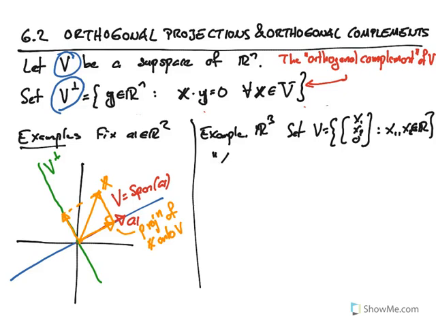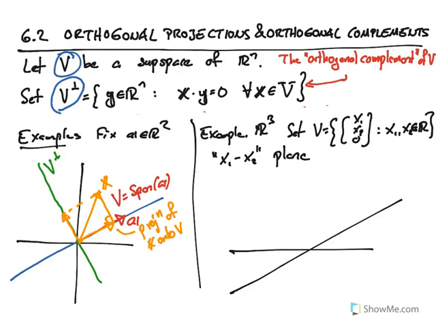So this is the x1, x2 plane. Let's see if we can draw this. This will be a little trickier. So V is the x1, x2 plane.